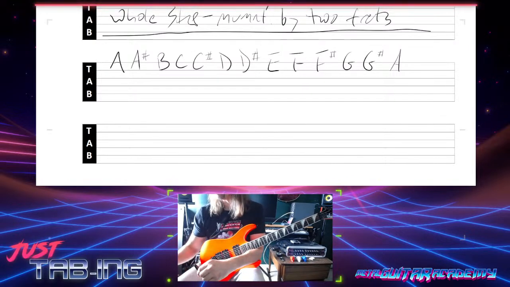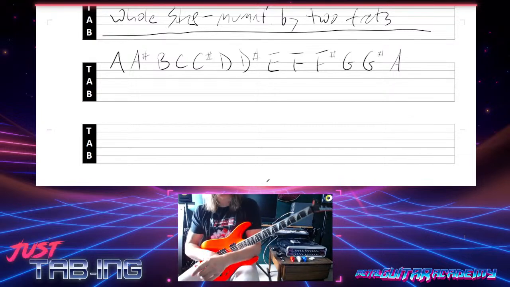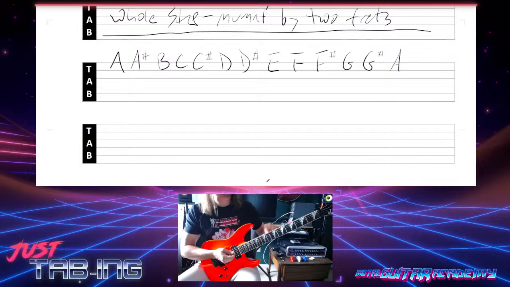So how many notes do we have total now? 1, 2, 3, 4, 5, 6, 7, 8, 9, 10, 11, 12 different notes until we come back to our starting note, which we happen to call the octave. You've probably heard that term before. So we have 12 possible notes, which is why we have 12 frets until you reach the same.